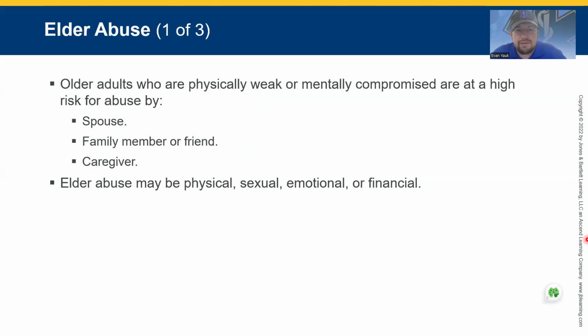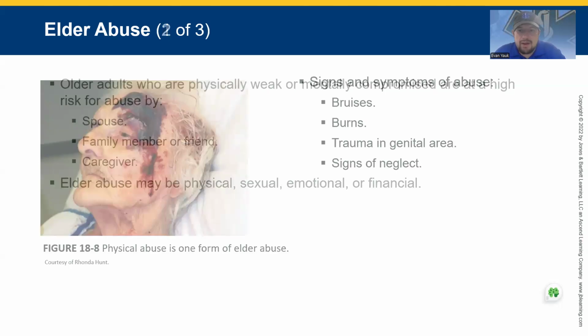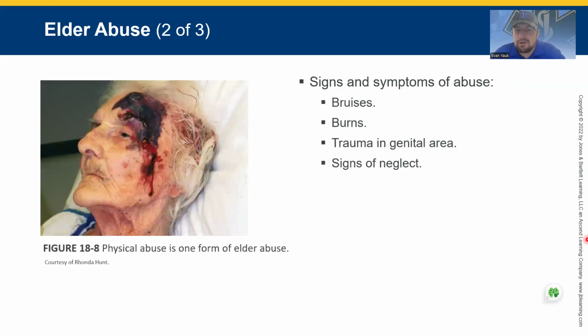Older adults who are physically weak or mentally compromised are at a higher risk of abuse by the spouse, family member, friends, or caregivers. Elder abuse may be physical, sexual, emotional, or financial. Signs and symptoms of abuse are bruising, burns, trauma in the genital area, and signs of neglect.